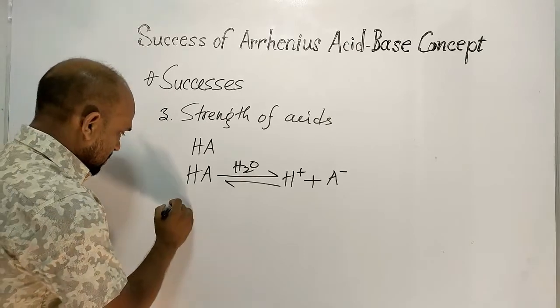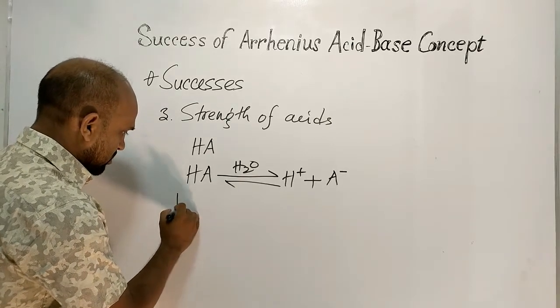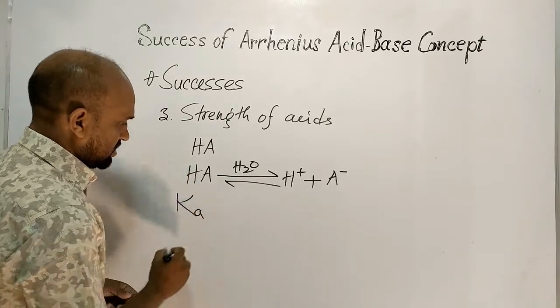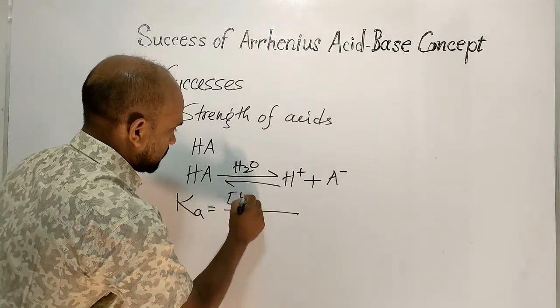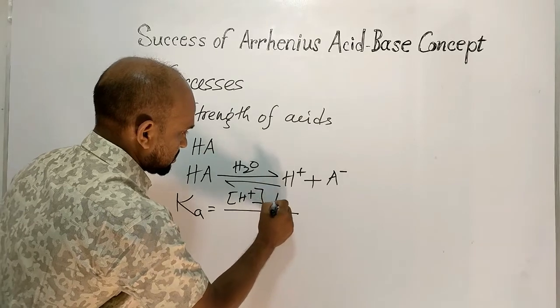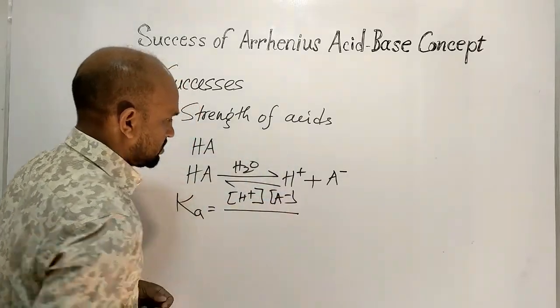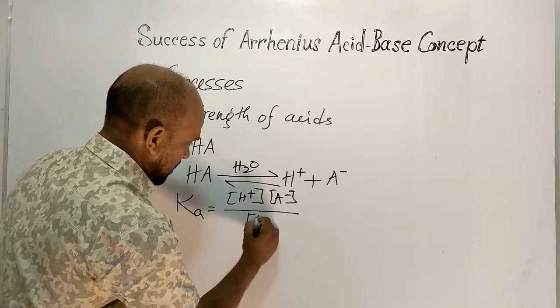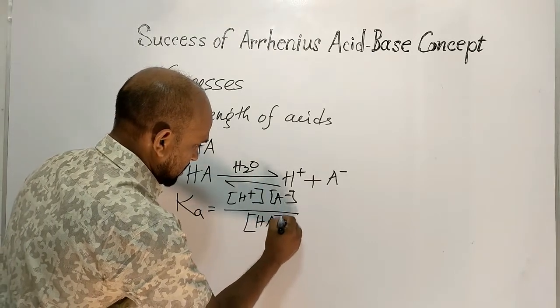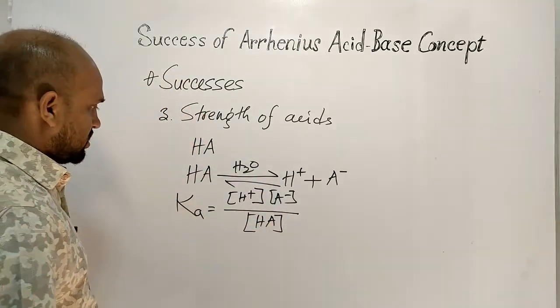Now the acid dissociation constant Ka is equal to the concentration of hydrogen ion times the concentration of anion divided by the concentration of unionized acid molecules.